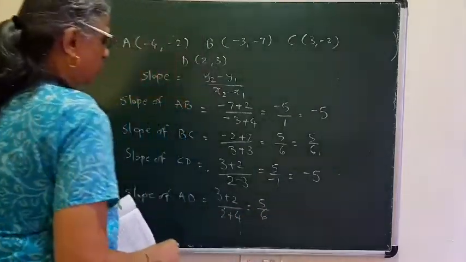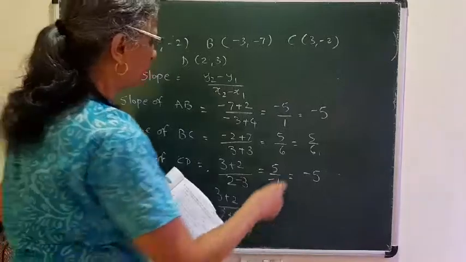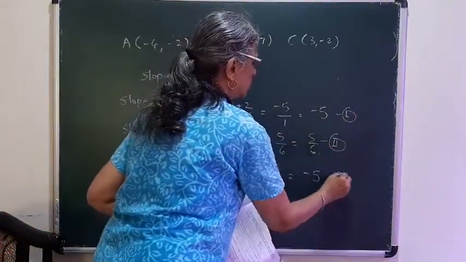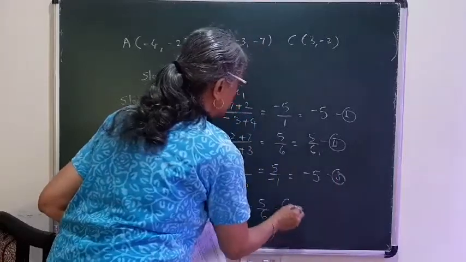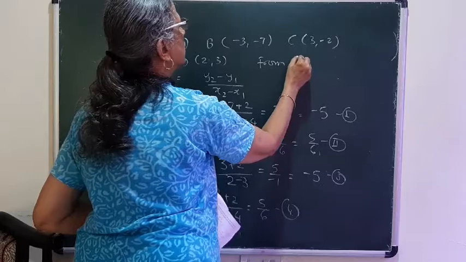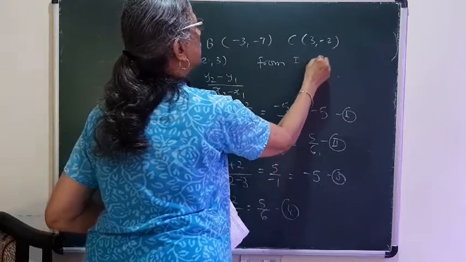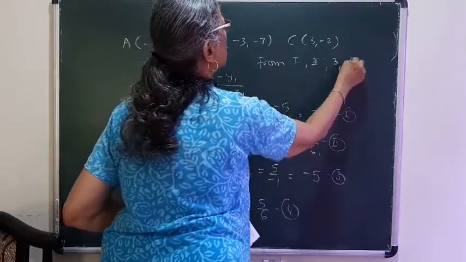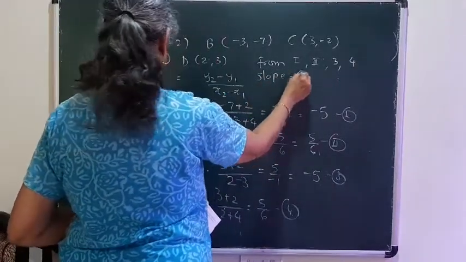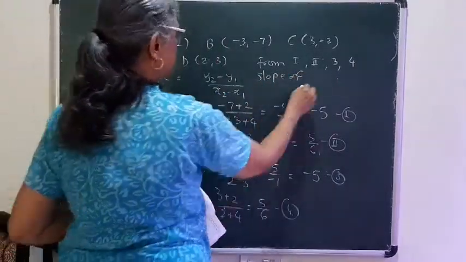Followed? So what is your conclusion from 1, 2, 3, 4? Slope of AB equal to slope of CD.